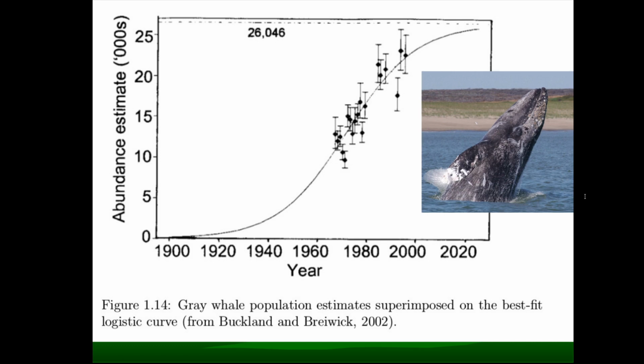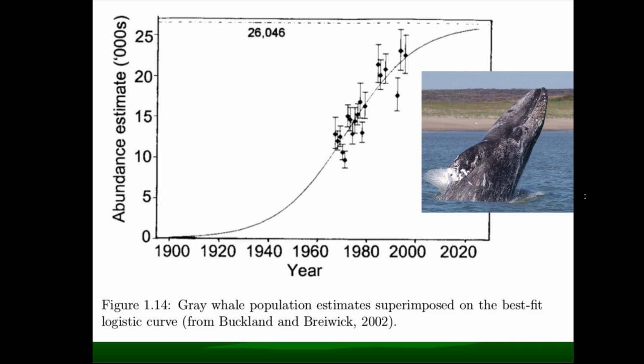There are many examples of the logistic curve in nature. One of the best marine examples is the gray whale in the Northeast Pacific, the only species of large whale to have completely recovered from overharvest in the 1800s, the 19th century, and is now considered to be around carrying capacity, around 26,000 individuals, which was the predicted maximum population size in 2002 from fitting a logistic growth curve to the population trajectory, as you'll do in lab this week.